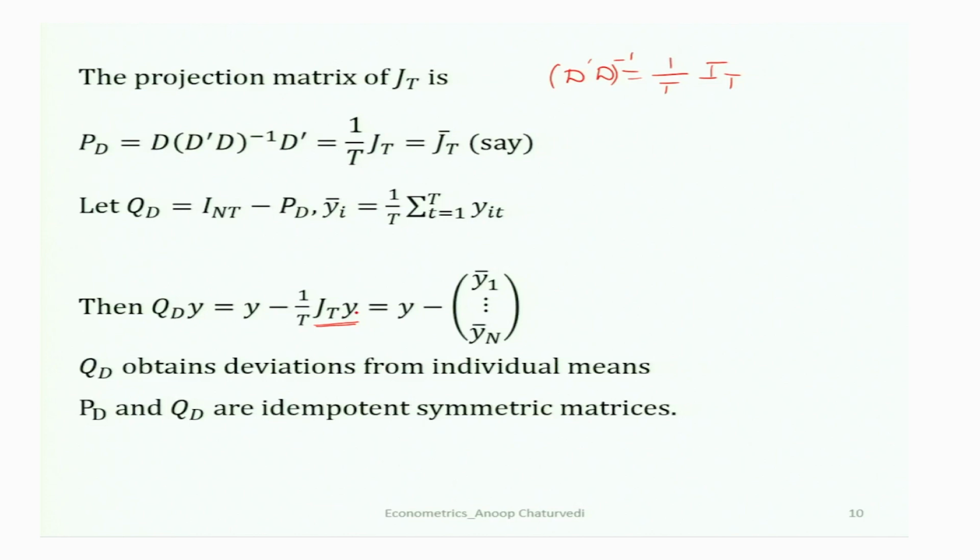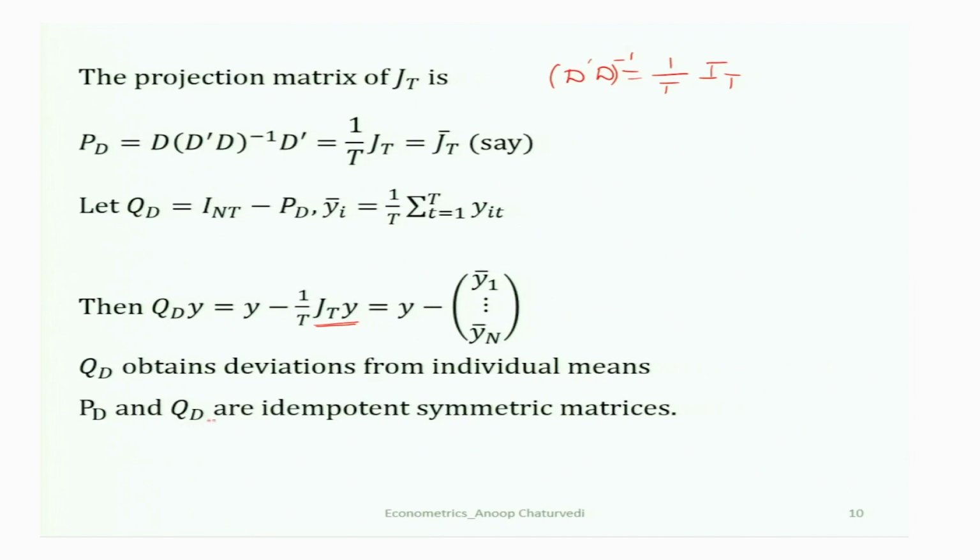For the first individual or the first cross section, it adds all the observations, and then we are dividing by T. So, you get y 1 bar, then it adds all the observations corresponding to the second cross section, and again you are dividing by T. So, you get y 2 bar and so on, y n bar. So, basically Q_D obtains deviations from individual means.